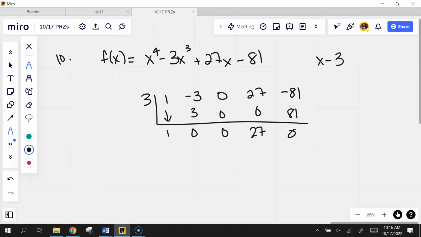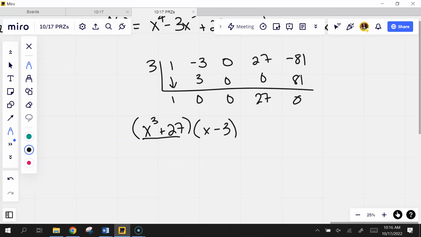So write this in factored form. X cubed plus 27. Now it said factor completely. Is it factored completely? No. Why? Because the first one is the sum of cubes. How do you factor a sum of 2 cubes? It's x plus 3, and then x squared minus.